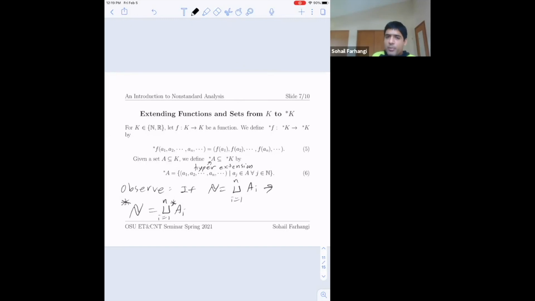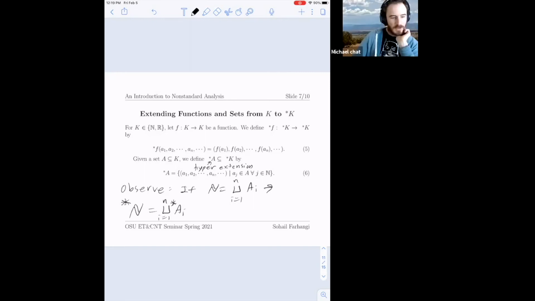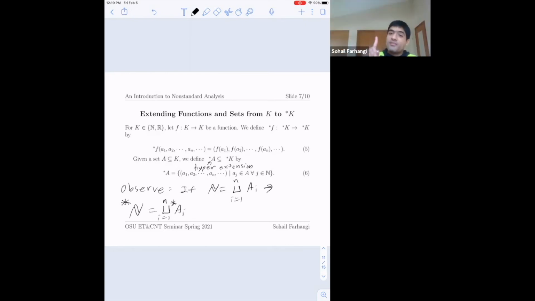If you take any partition of the natural numbers, then the hyperextension of each of the sets in that partition gives you a partition of the hypernatural numbers. And again, proof of this is pretty easy. You just use the ultrafilter property. Yeah, but it's specifically a finite partition, right? That's the important thing. Yes, that is important. Finite partition. Good observation, Michael.